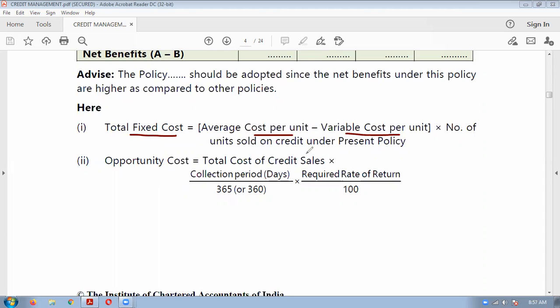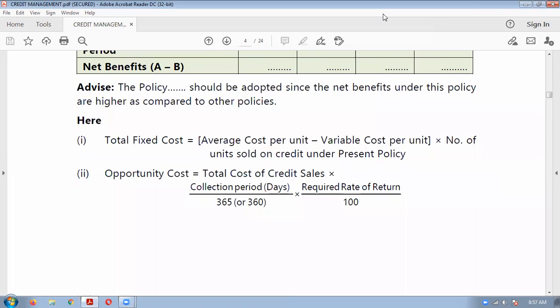Opportunity cost, how to calculate? See, the total cost of credit sales, which is variable cost plus fixed cost, will be given in the question. Details of variable cost and fixed cost will be given in the question. We should take the total cost of credit sales into the collection period, which is given by the company, divided by 365 or 360.